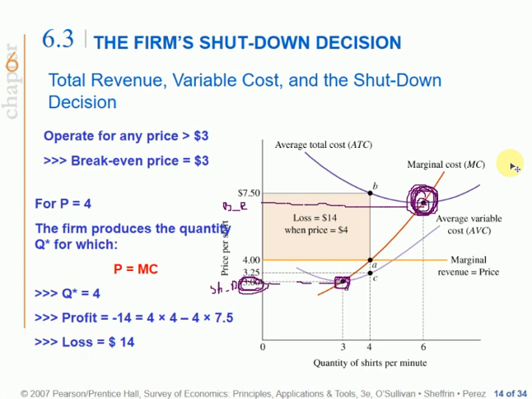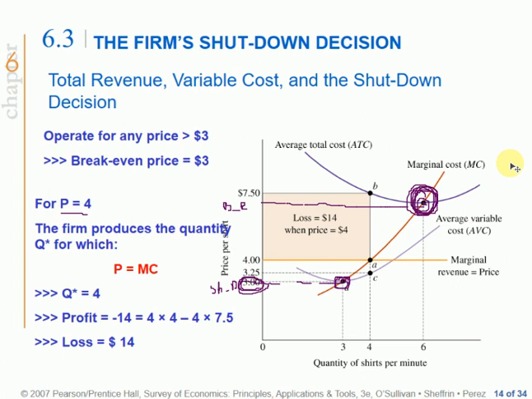So if the market price is equal to 3, the firm shuts down. If the price is equal to 4, that's okay. 4 is higher than 3. So the firm will operate on the market. But how much? Now that we know that the firm should operate on the market, we should determine how much the firm will produce.